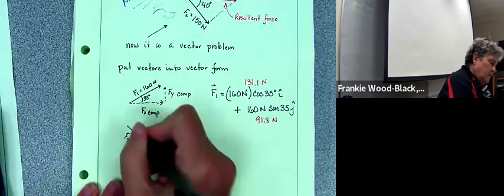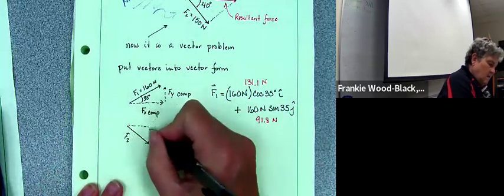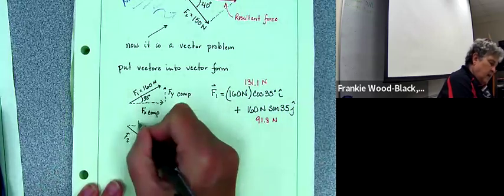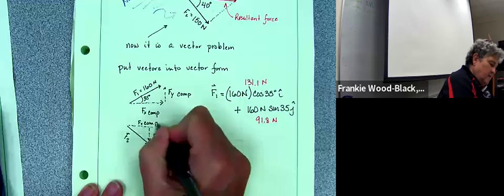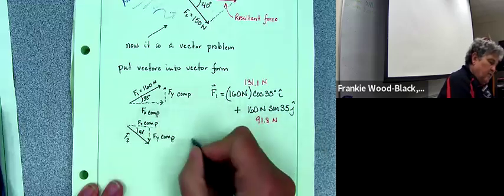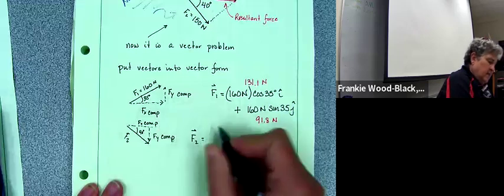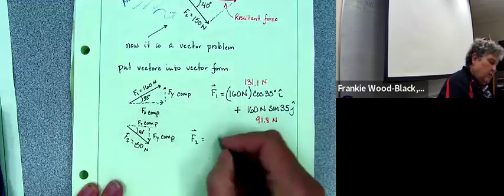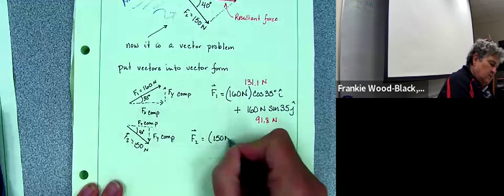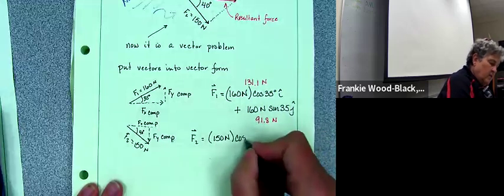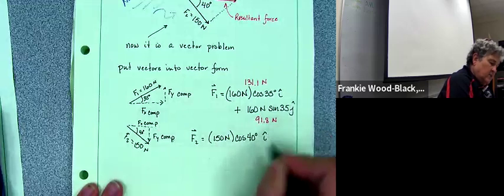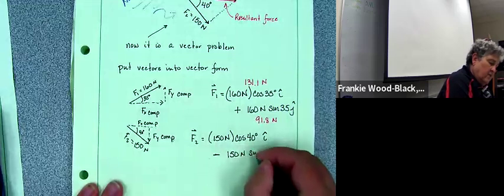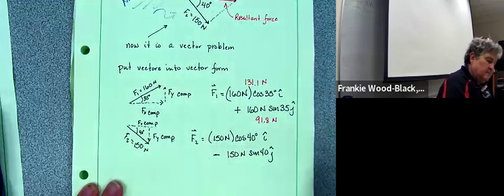Force 2. This is my y component. It's my x component. And that was 40 degrees. So my force 2 vector, and that one was 150 newtons, is 150 newtons cosine 40 degrees in the I direction, but it's going to be a minus 150 newtons sine 40 degrees in the J direction.